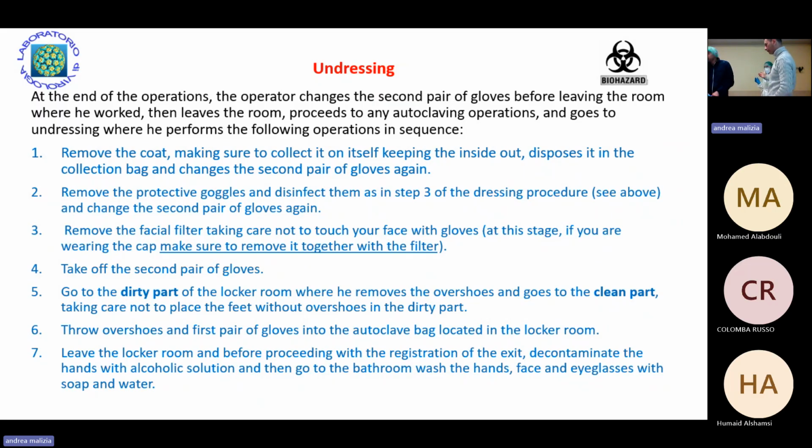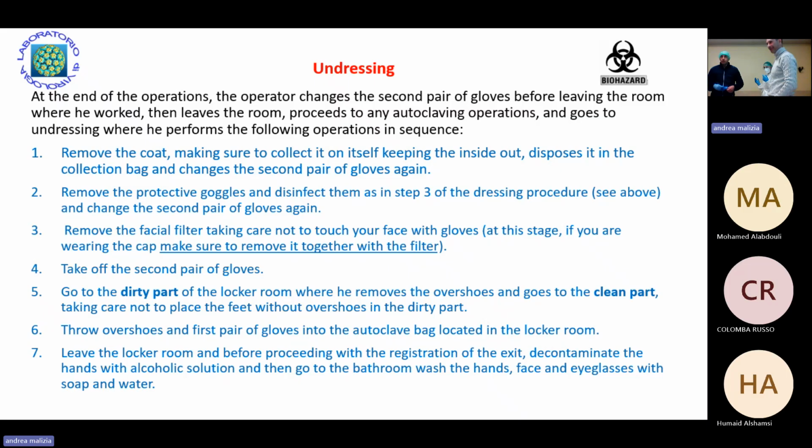Sorry, never do this. The gloves near the mouth, never. No, I want to show you that. So when we did this in the lab, less dangerous lab, take out the gloves like this.